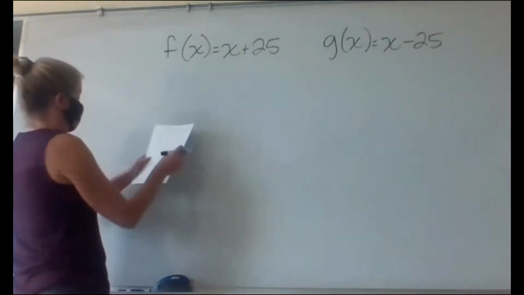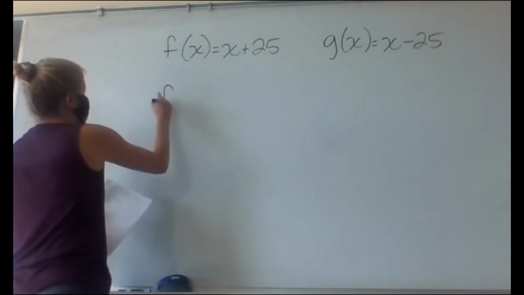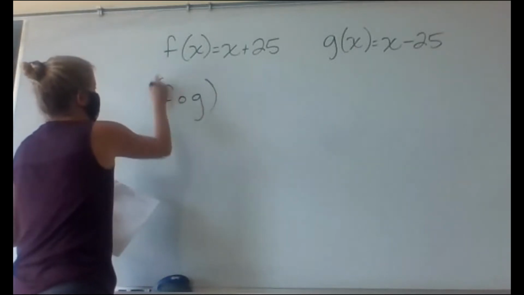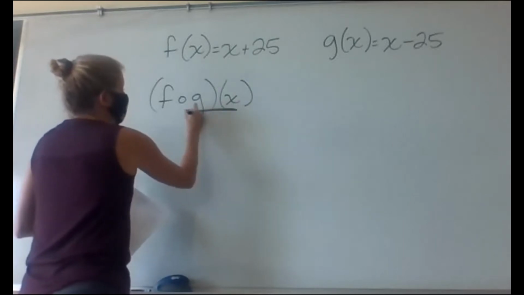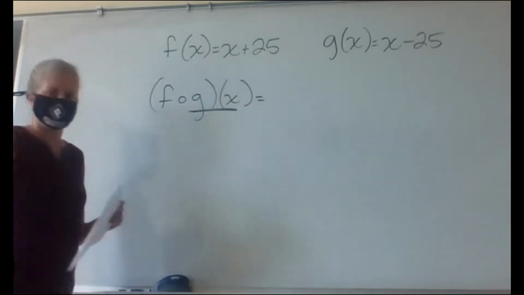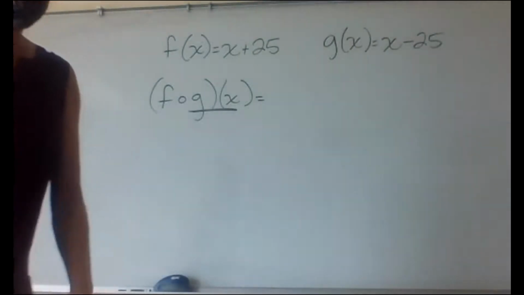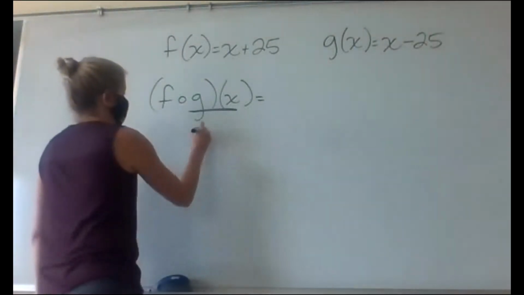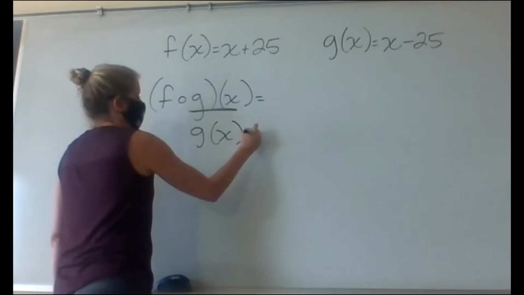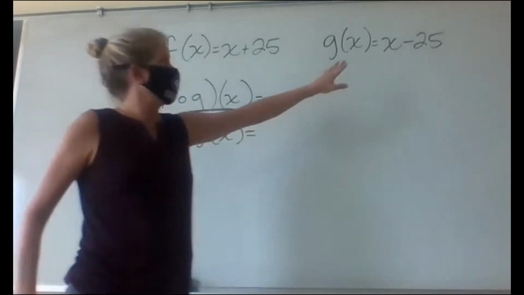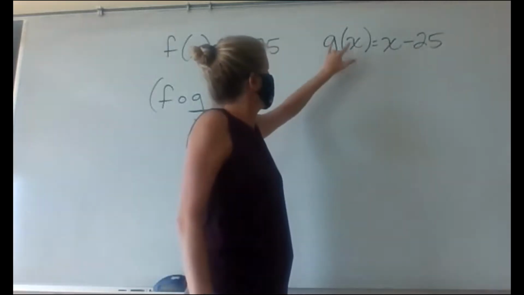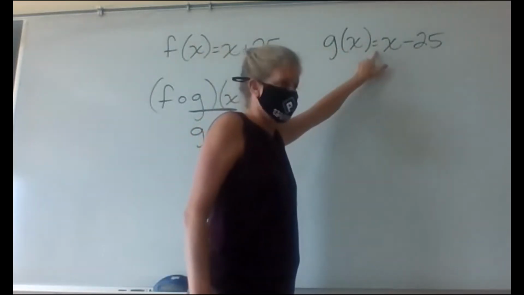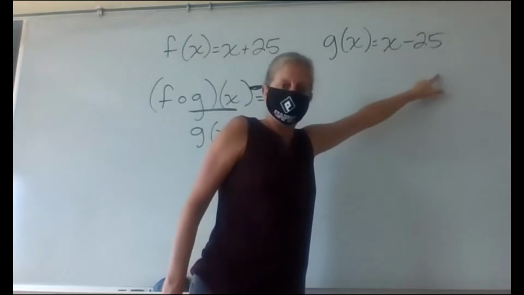So let's see. The first thing it wants me to find is f of g of x. So I'm finding the inside of the function first, g of x. Well, the problem simply states exactly what g of x is. If I look up here, this says g of x equals x minus 25.